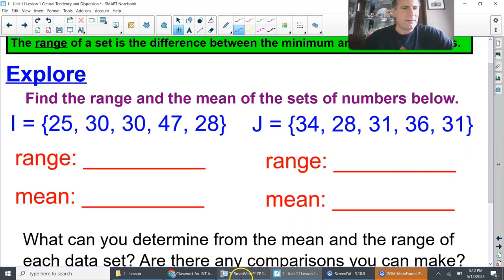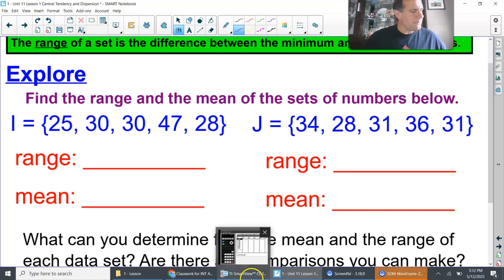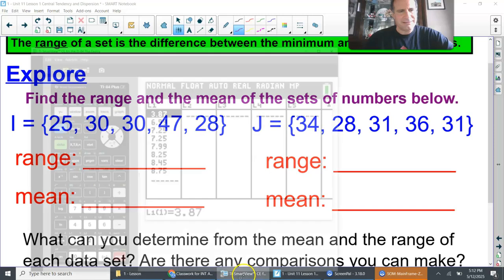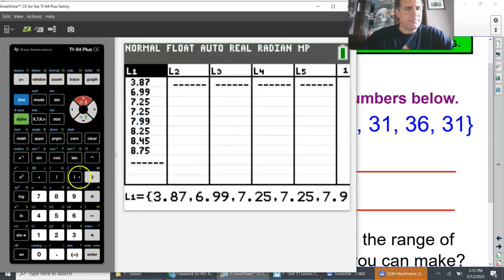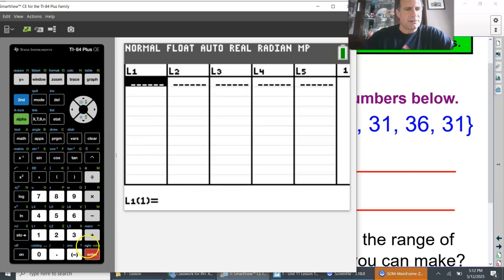So it says find the range and the mean of the data sets. So it's 25, 30, 30, 47, and a 28. So I'm going to go all the way up and press clear, enter. And we're going to add the 25 to the list, the 30, another 30, a 47, and a 28.